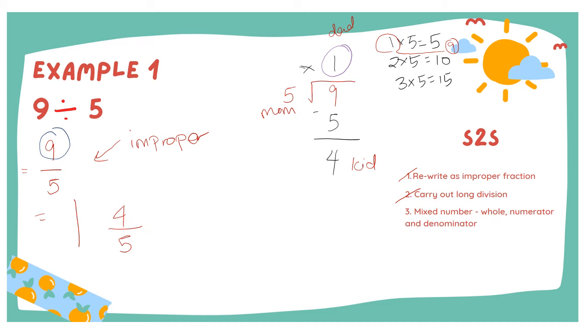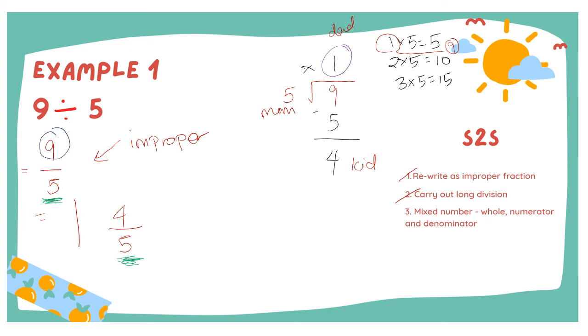Now notice that the denominator is the same. So whenever you are changing improper fraction to mixed number, the denominator will always be the same.